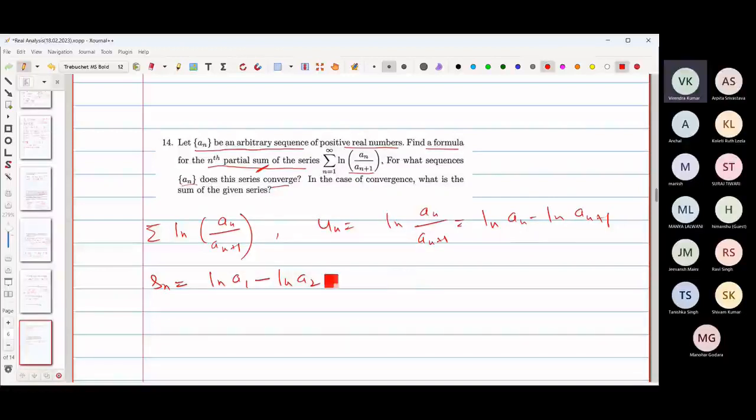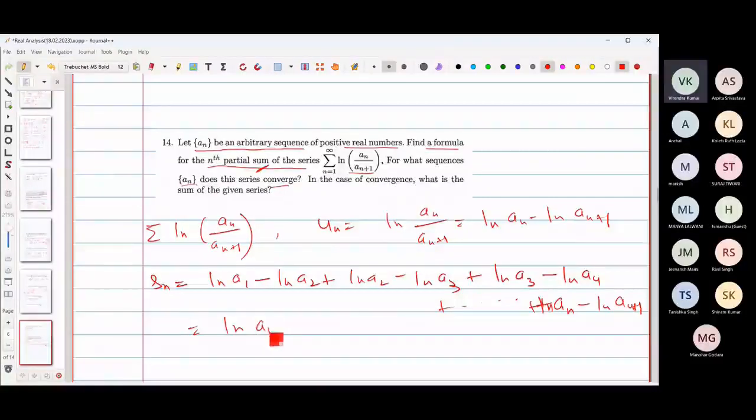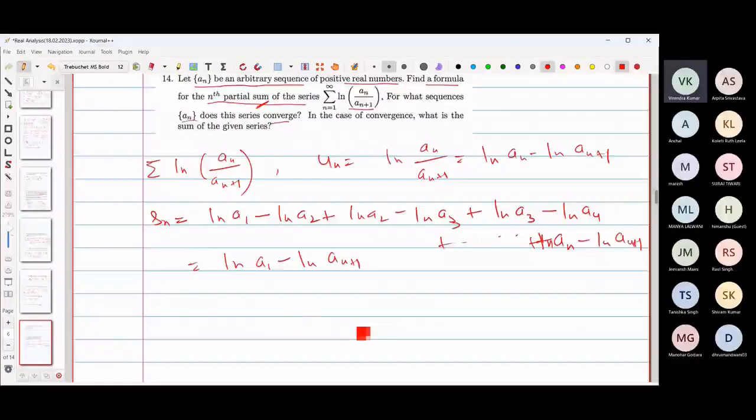The second term is plus log a2 minus log a3, plus log a3 minus log a4, and this will continue up to log an minus log a n plus 1. The in-between terms will get cancelled, so we are left with log a1 minus log an plus 1. This is the sum here.